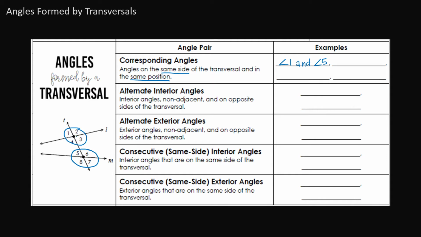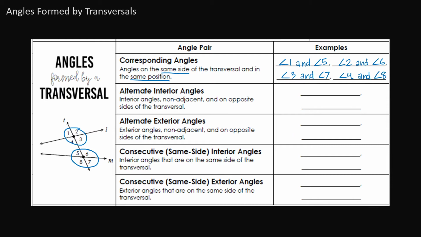And we can go clockwise doing the same thing. Angle 2 and angle 6 are in the top right quadrant. They are corresponding to each other. And that's the same with angle 3 and angle 7, and angle 4 and angle 8.